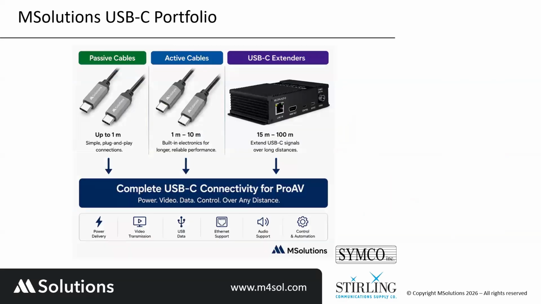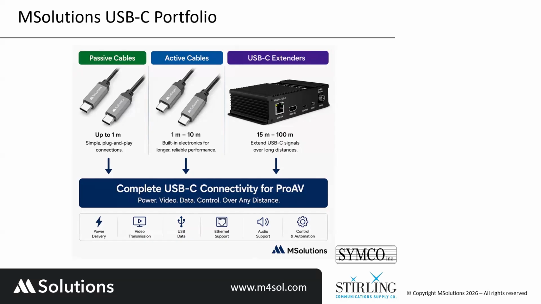So at MSolutions, let's talk a little bit about what is the portfolio that we're delivering. We're focused on solving USB-C connectivity challenges for the professional AV market. Our portfolio includes three complementary solution families.